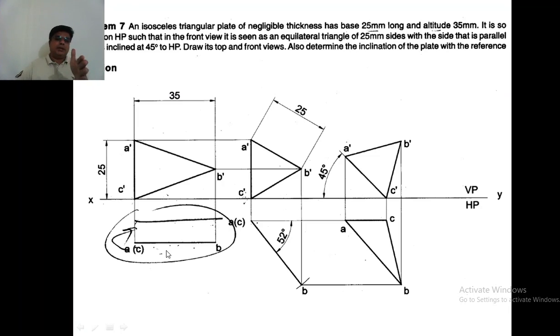So if this plane is in front of the vertical plane, when you see from top, the line will be seen on the HP, and if you make it downwards, it will be some distance below the XY line. So the top view will be some distance below the XY line if the plane is at some distance in front of the VP.